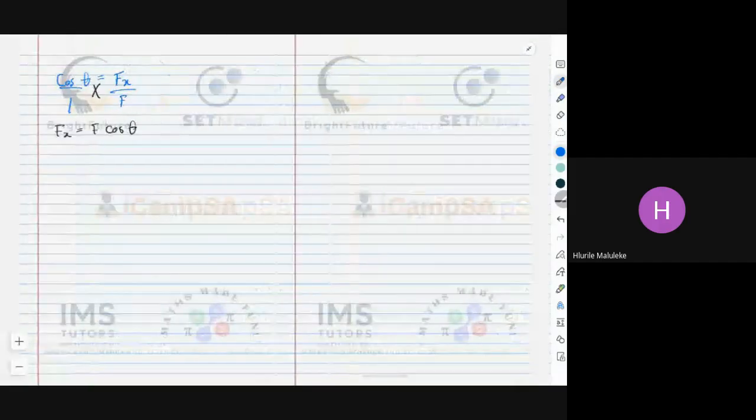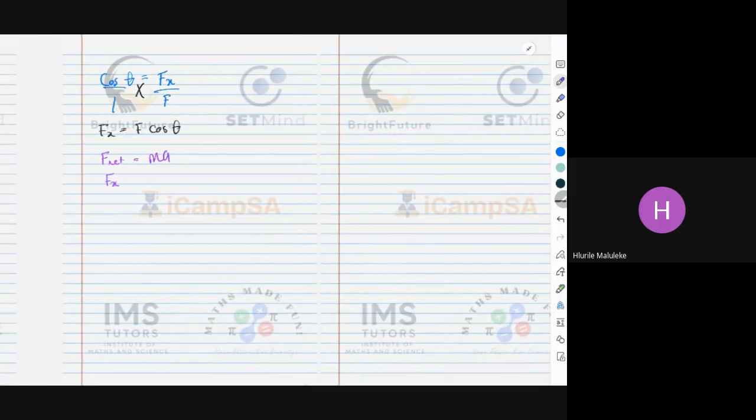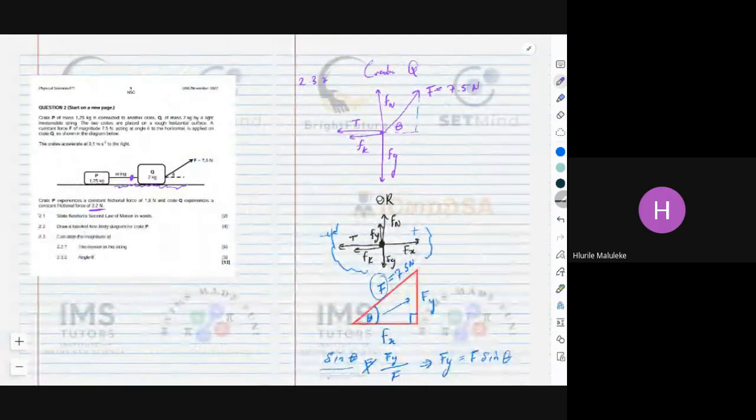So that means F net, let me write it again so that you see. That means F net equals Ma. So for me to get F net, it is equal to Fx, because it's positive. Let's start with Fx here from the free body. So always draw your free body so that things become easy for you.